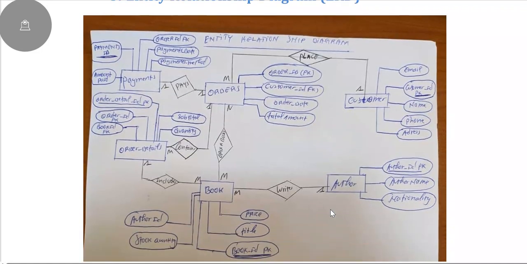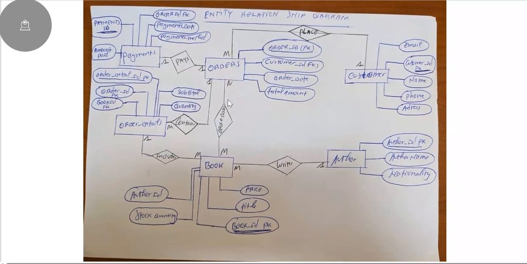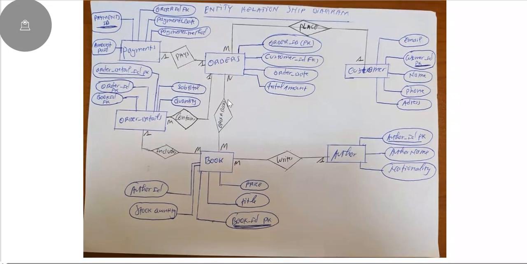of our system. So this diagram is showing the entity relationship diagram in our book store management system.